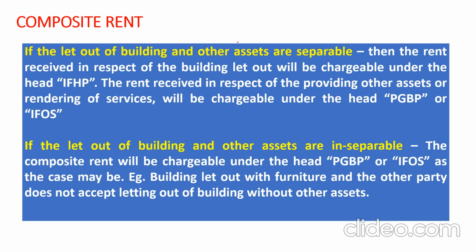The rent received in respect of providing other assets or rendering of services will be charged either under profits and gains of business or profession, short PGBP, or income from other sources, in short IFOS. On the other hand, if the let out of the building and other assets are inseparable, then the composite rent will be chargeable either under PGBP or IFOS as the case may be.